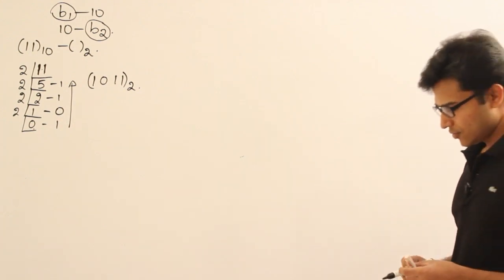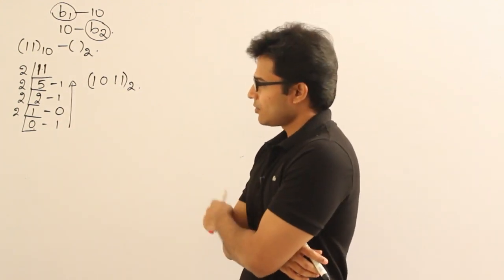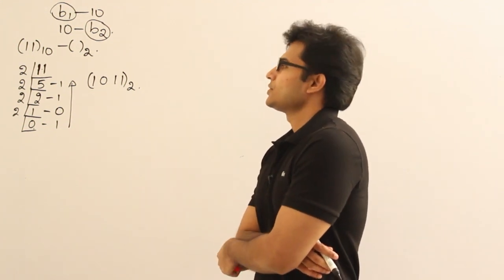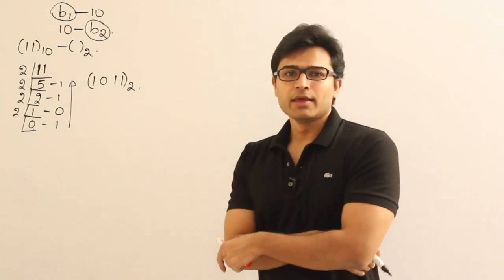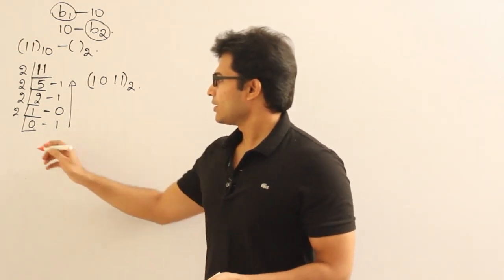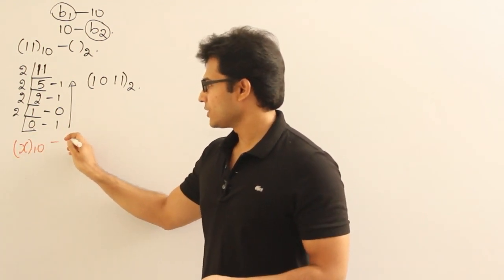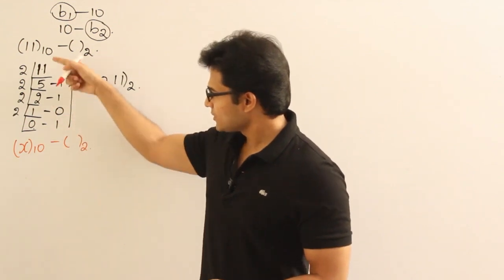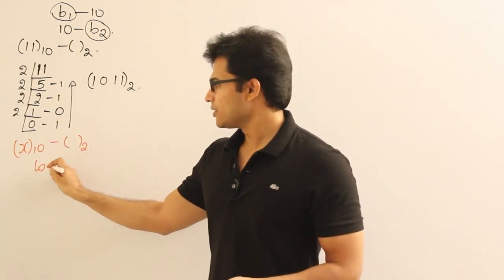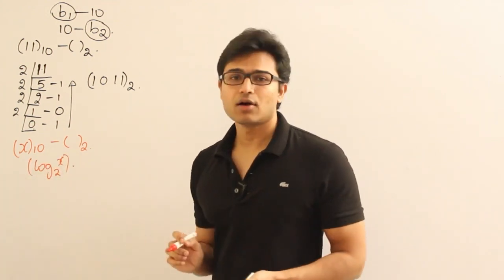Got it? So this way you can do it, but the problem with this type of conversion is, if you observe it, the number of steps taken will be too high. If a number x is given in base 10 and you are supposed to convert it to base 2, then how many steps are required? If you calculate it, it will be log x base 2 steps, isn't it? How did I get it?